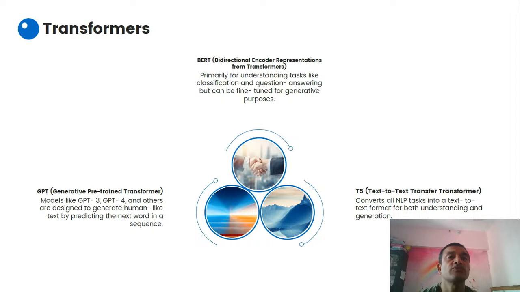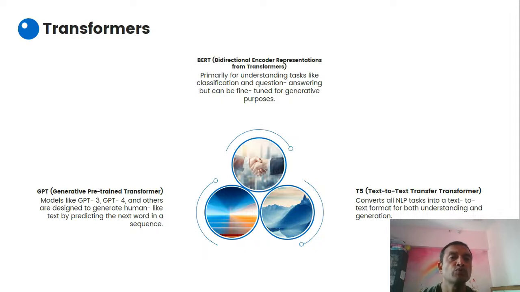Then there is BERT, the bidirectional encoder representations from transformers, primarily for understanding tasks like classification and question answering. These are another type of transformer that comes under text generation. Then T5, the text-to-text transfer transformer.